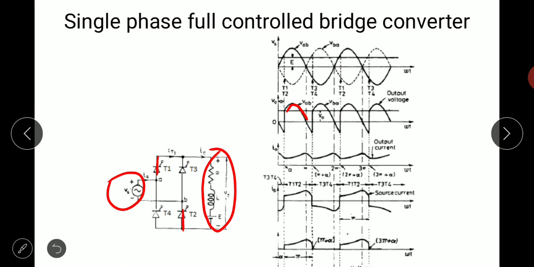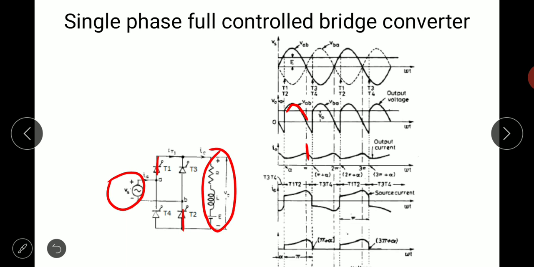Now we know that since the nature of load is inductive, the current will lag behind the voltage, and when the voltage is zero, the current is non-zero. And since the current is non-zero, the SCR is not naturally commutated. It is not commutated by load.